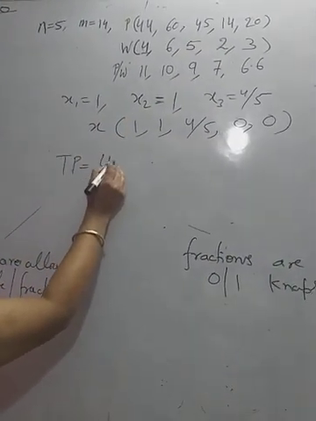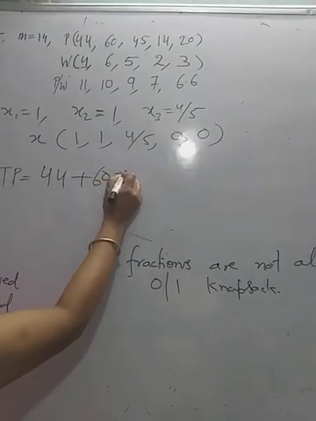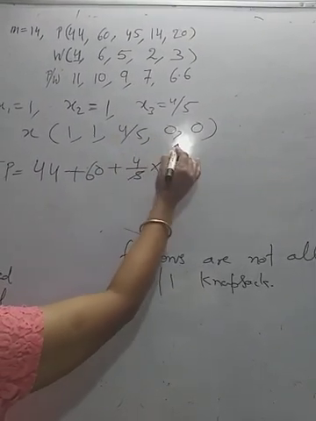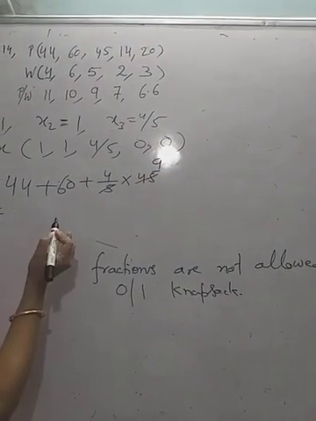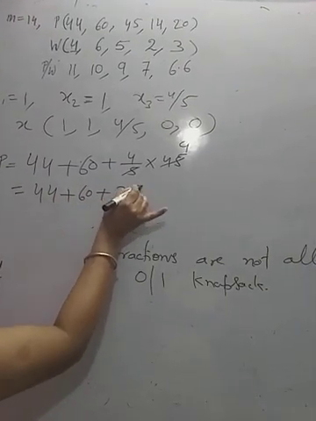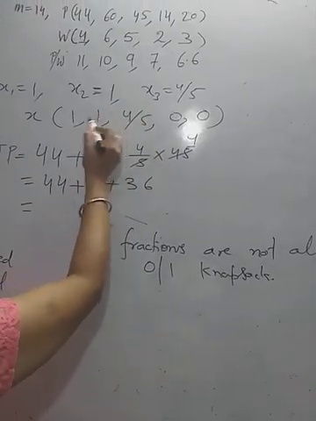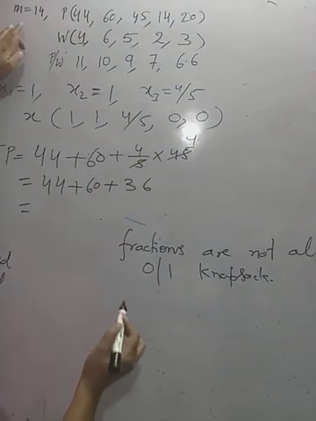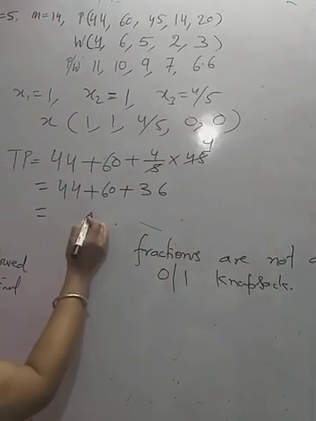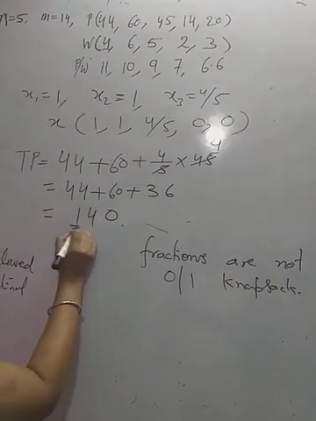So simply 44 plus 60 and the third weight, 4 by 5 into 45, which is 36. So 44 plus 60 plus 36 is 140.